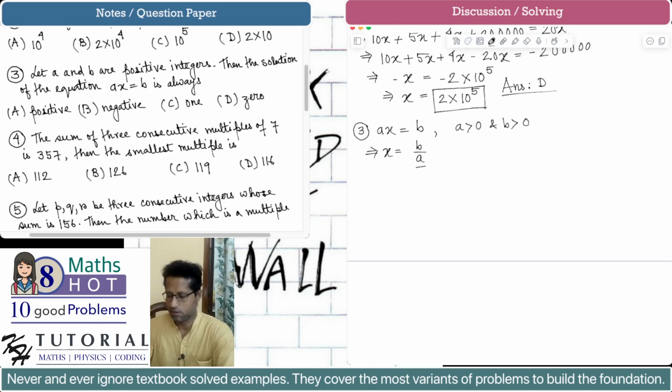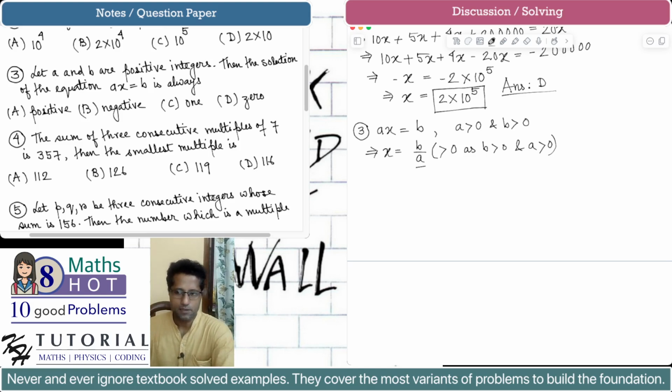Now we have to see whether b by a is positive or negative. Certainly, we can say that b by a will be positive as b is greater than 0 and a is also greater than 0. This is a very common sense, fundamental thing, that if you divide a positive number by a positive number, the result is positive.